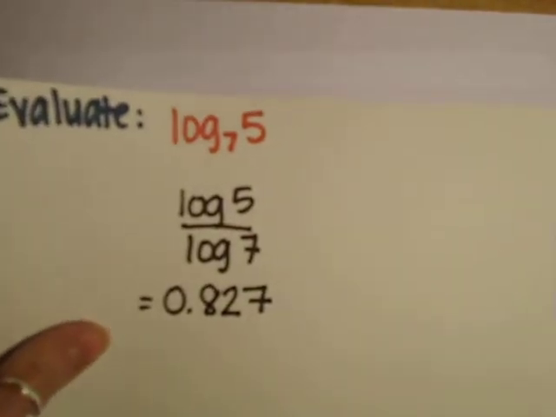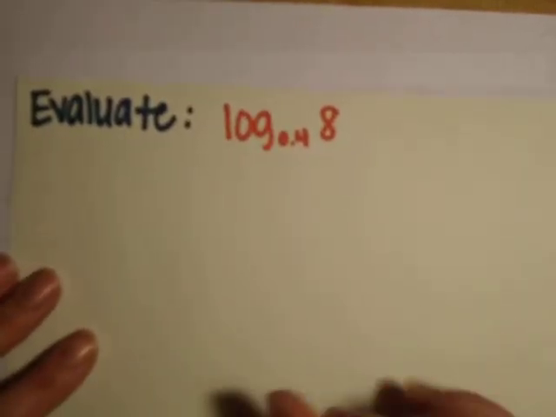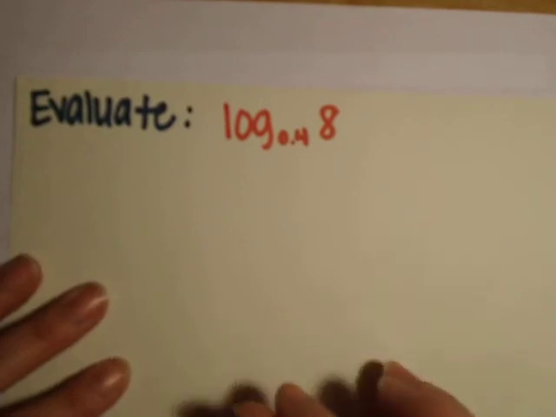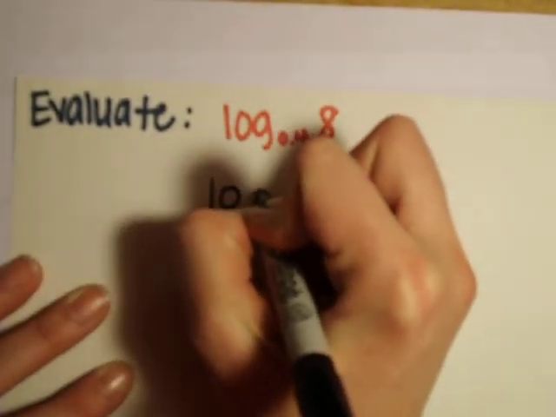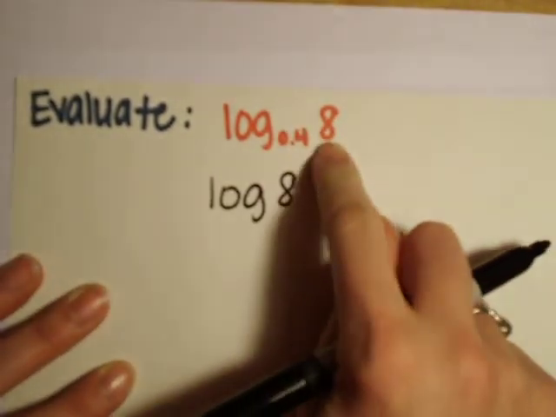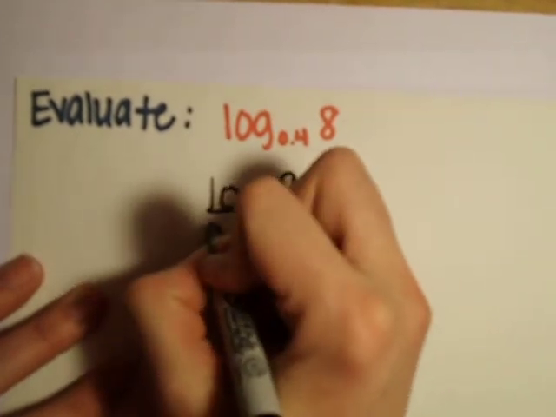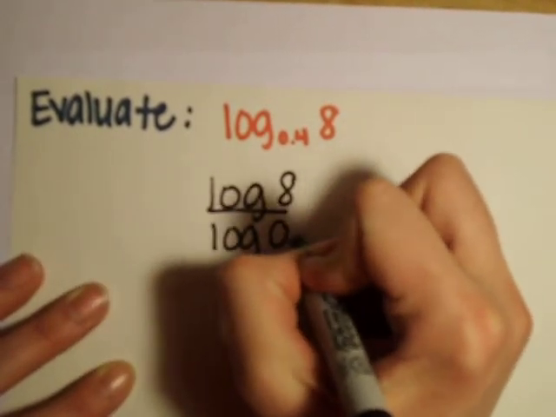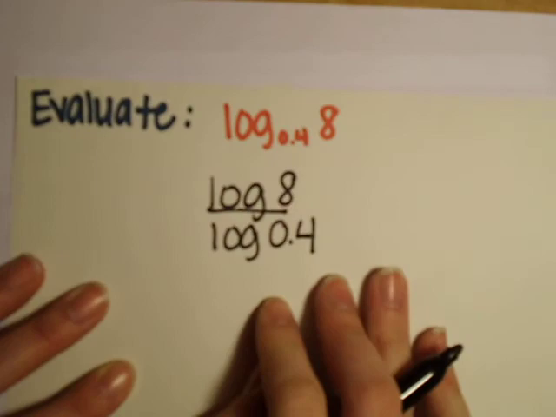Let's try a different one. We have log base 0.4 of 8. So this becomes log of 8, which is our a, over log of 0.4. And we can plug this into our calculator.